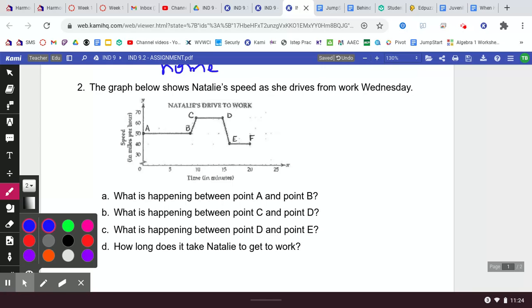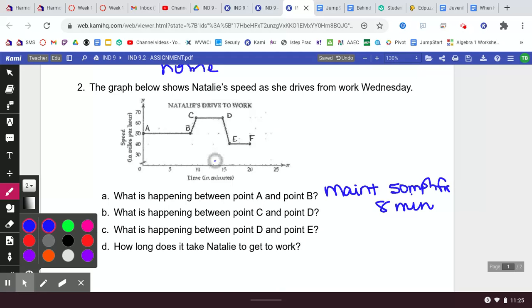Right, so she maintains 50 miles per hour for about 8 minutes, 8 minutes, 10 minutes, depending on how you looked at the graph. There's no lines on this one, so it kind of makes it difficult, but that works as long as you're close.